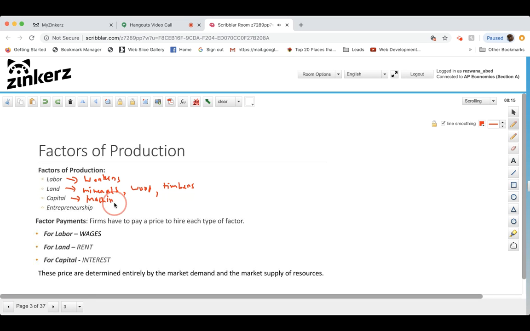Machines, tools, buildings, manufactured goods that you can then use to produce goods and services. We don't really consider money as capital in economics.